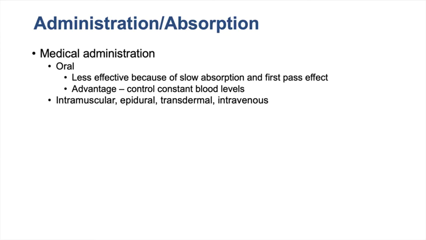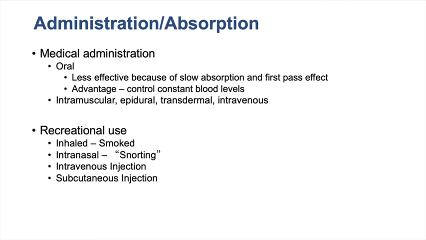And then intravenously is going to be what you would get in an IV if you were having a long-term hospital stay. Okay. When it is used recreationally, it can be inhaled, it can be smoked. This is often referred to as chasing the dragon. It can be taken intranasally or snorted. You can use an IV injection or a subcutaneous injection. The problem here is that you need to be able to safely prepare and administer the drug.